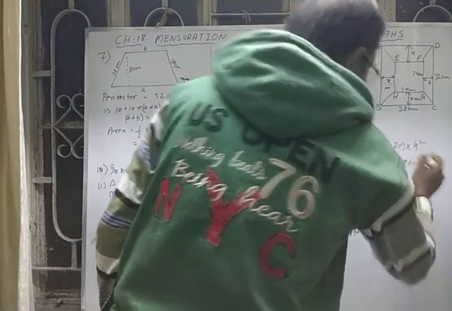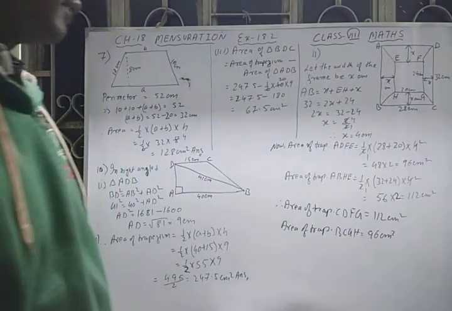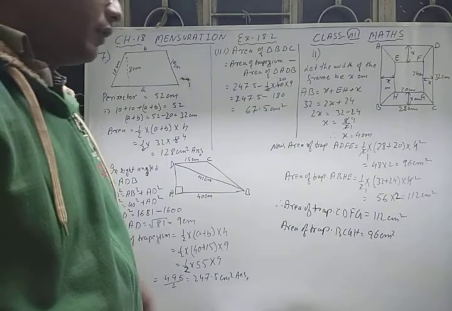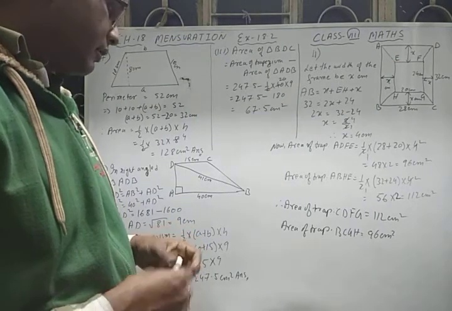So all the 4 answers we have, all the areas of the 4 trapeziums we have got. So in this way you have to solve this question.